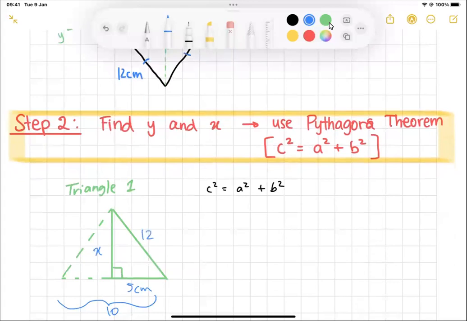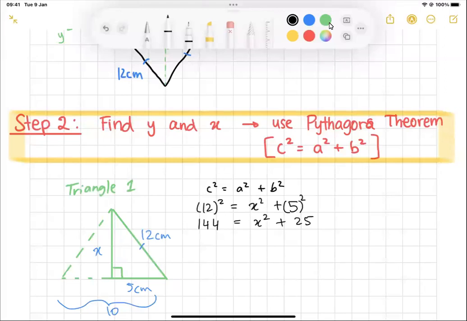And my slant length here is 12 centimeters. Our c will be our 12, because that's the hypotenuse, equals x squared plus 5 squared. Again, I'm just going to write down what 12 squared is, which is 144, equals x squared plus 25.